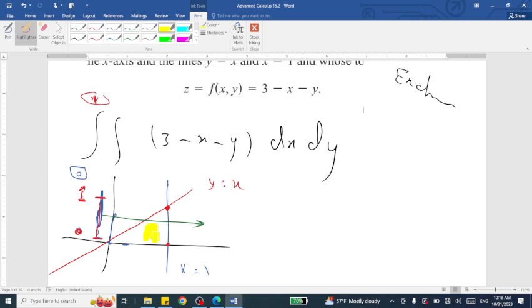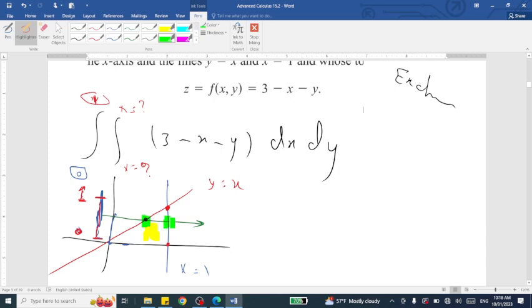So tell me about x. X is equal to what? And x equal to what? That's my question. That one will be the first intersect, and that one will be the second intersect.